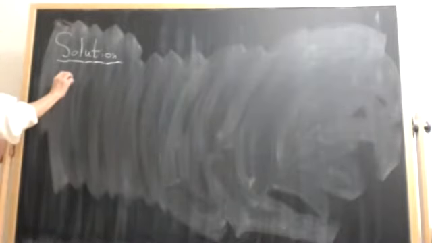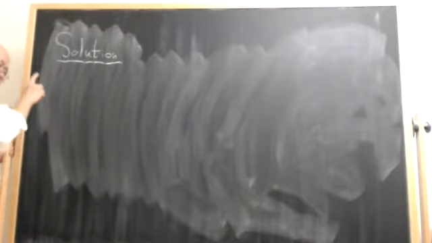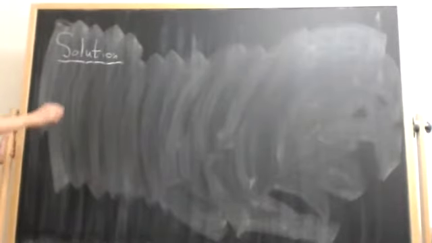Now, we know that r of t has a formula associated with it.